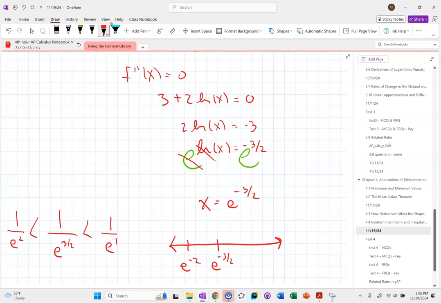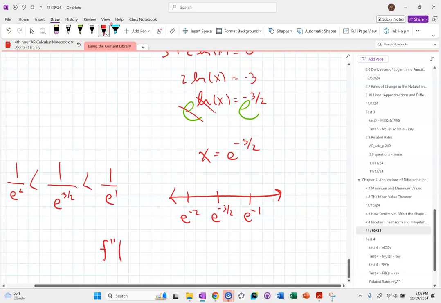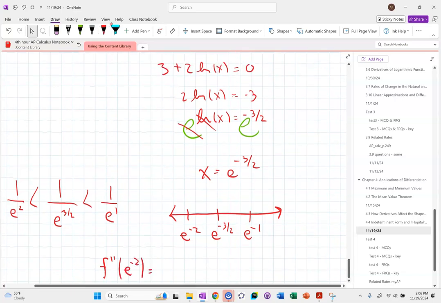So let's just do 1 over e to the first. Sound okay?